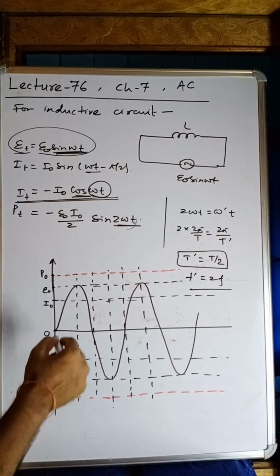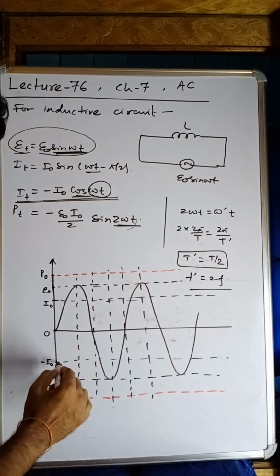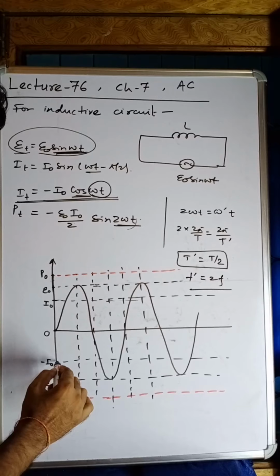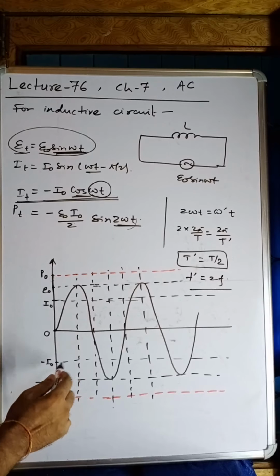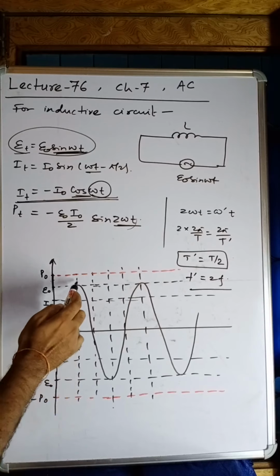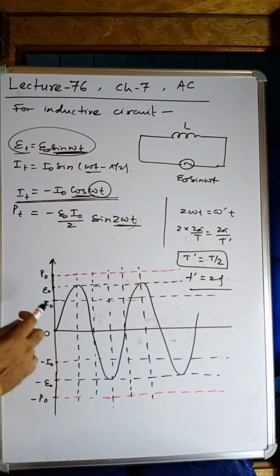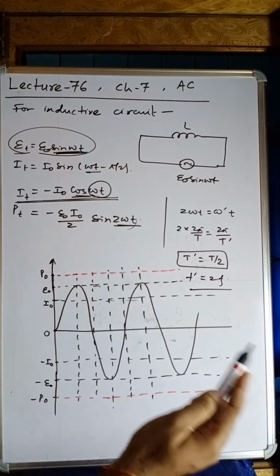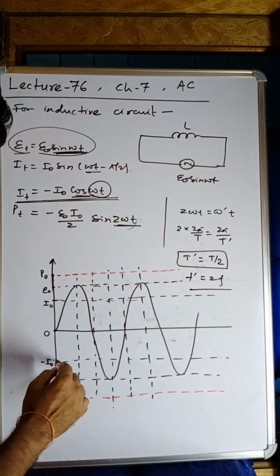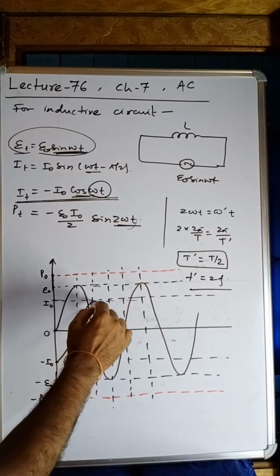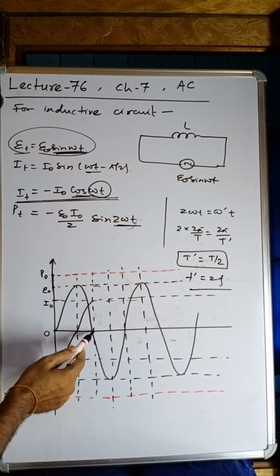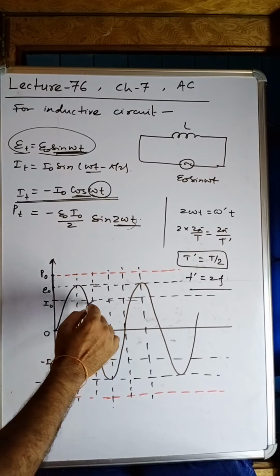Here the current is going from maximum negative and it reaches 0 where the voltage reaches the maximum. Look at here, this one, it reaches 0 and then it reaches the maximum.